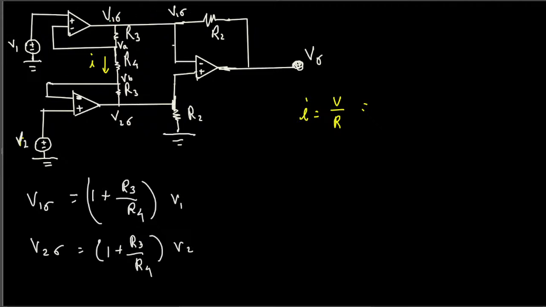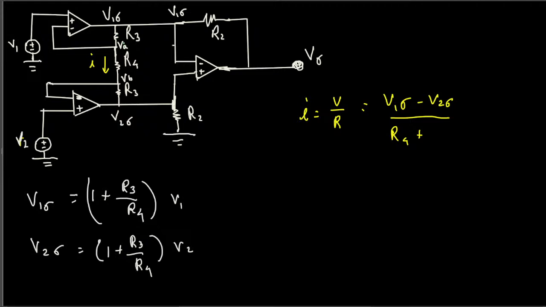So if I look at the voltage difference from V1 output to V2 output, that is V1 output minus V2 output divided by the resistor in between, that is R4, and then all of them are connected in series, so we just have to add them.